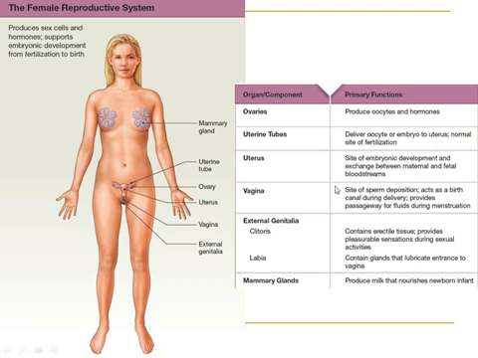The female also has external genitalia like the clitoris, which is similar to the penis, and the labia, the external part that contains different glands whose secretions lubricate the vagina, that is, the vaginal root.